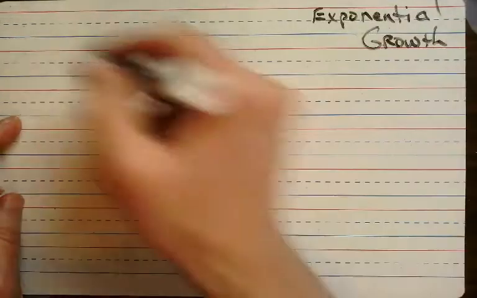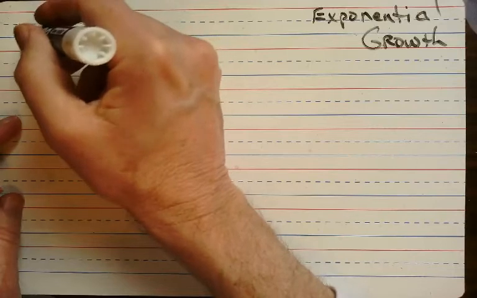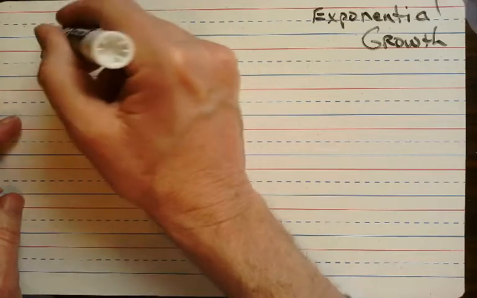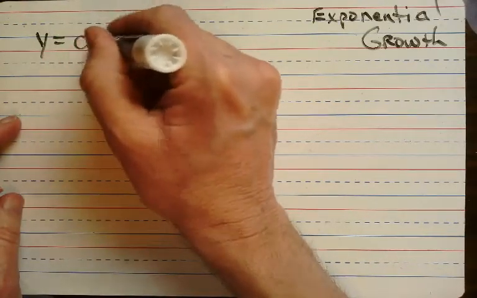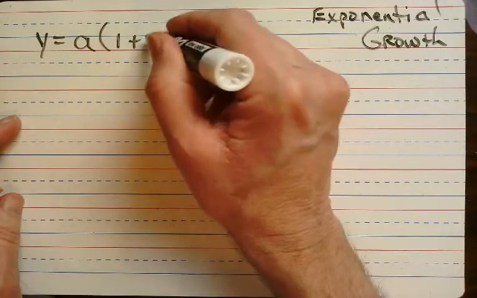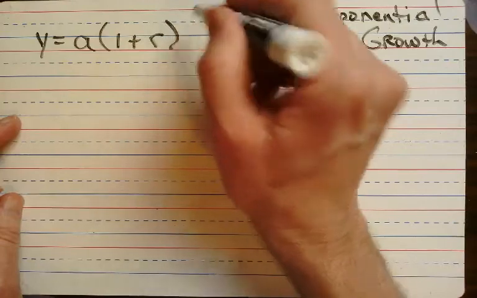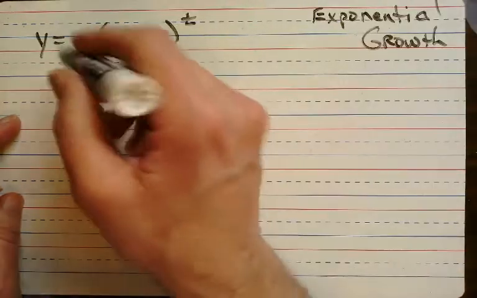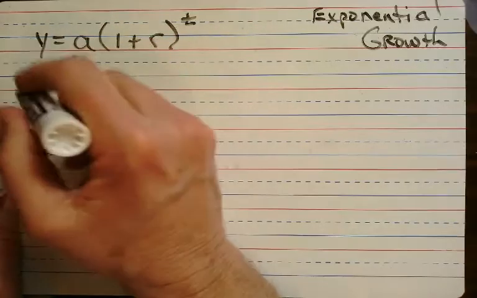So, exponential growth, what is that anyway? It is an equation that looks like this. So, what is the A? The A is the starting value.